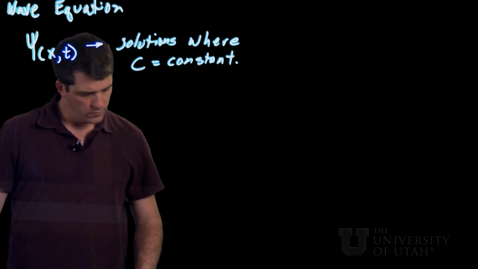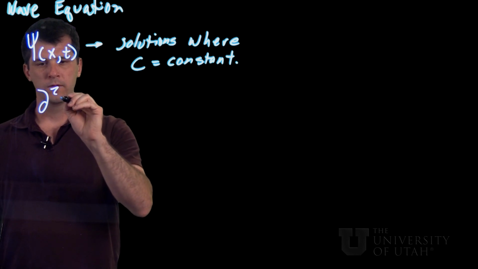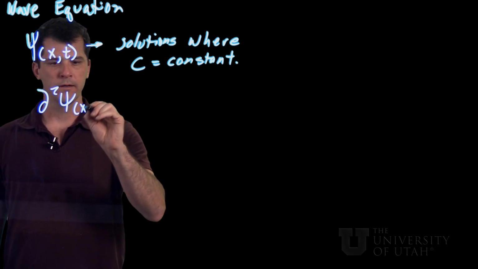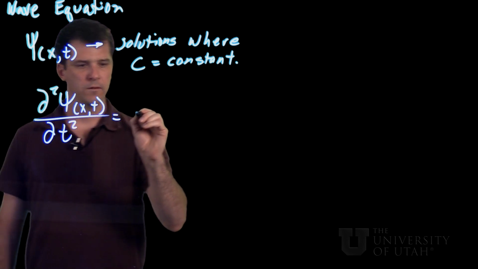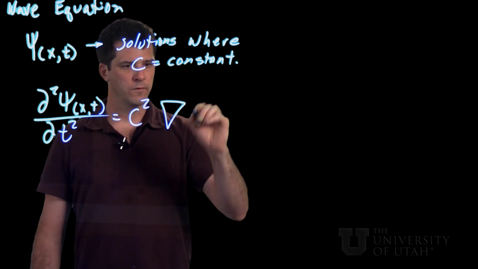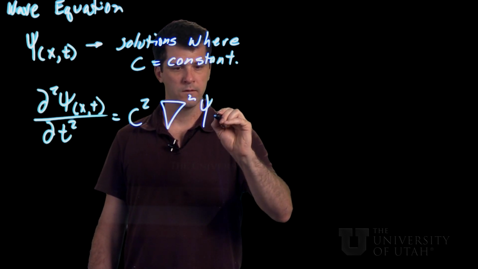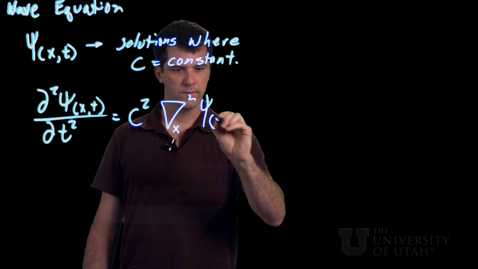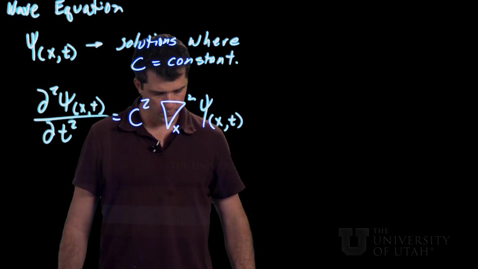Okay, so the statement of the partial differential equation is d squared psi of x and t, dt squared, is equal to c squared times d squared psi of x and t with respect to the distance or x variable.